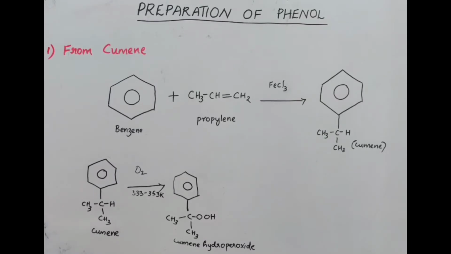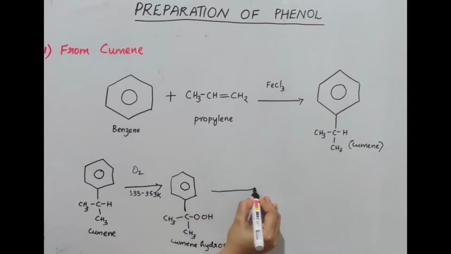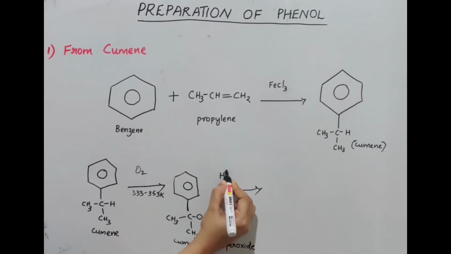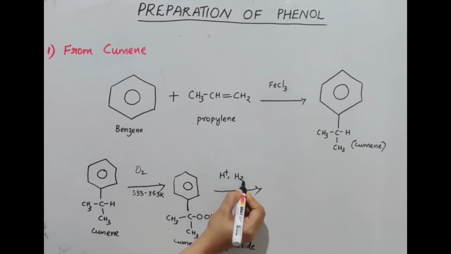And next, we are converting this hydroperoxide into phenol by treatment with an aqueous acid. Aqueous acid means H plus, H2O.